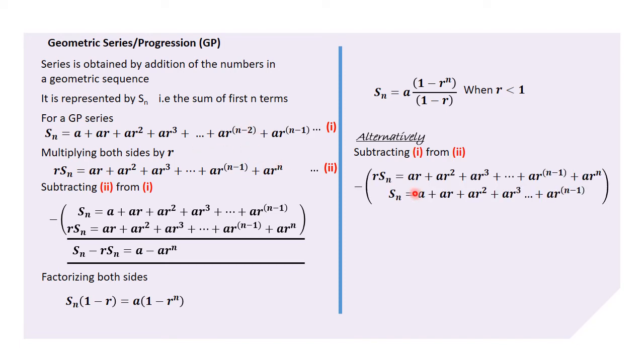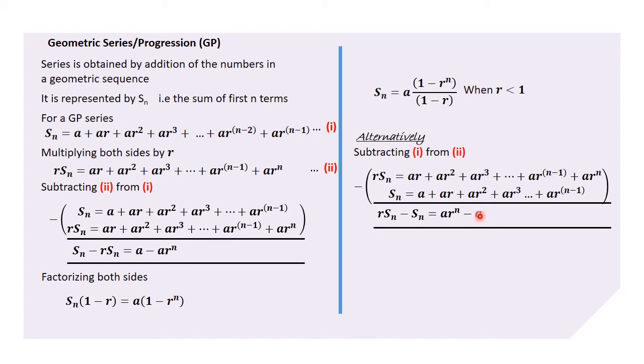And so you're going to have them written this particular way so that when you subtract, you get rSn minus Sn before the equal sign, and after the equal sign, all terms will go away except the last one for rSn and the first one for Sn, as we did in the previous case, only that this time around they're going to be reversed.